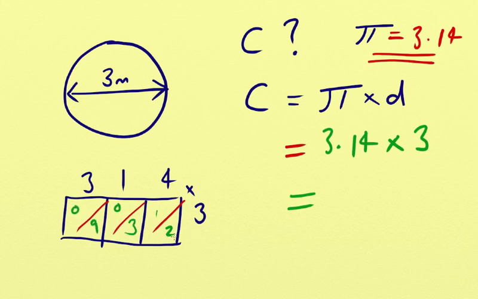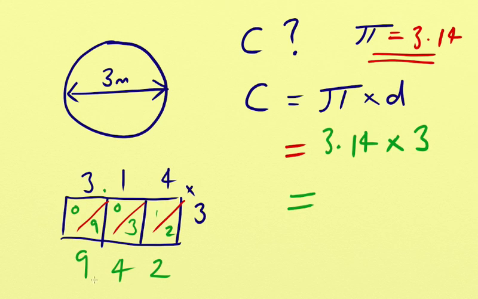I'm going to add down my diagonal lines, which gives me 2, 4 and 9. And I'm going to put in my decimal place, as many as I forgot about in the question, which is 2.